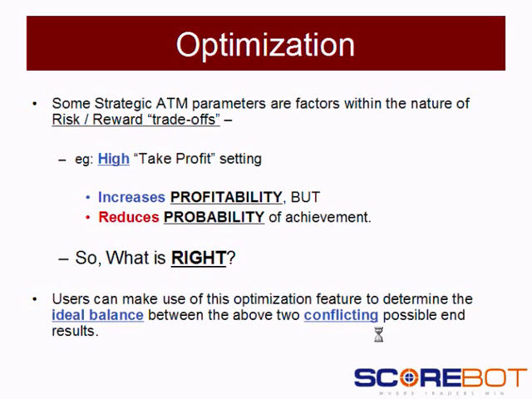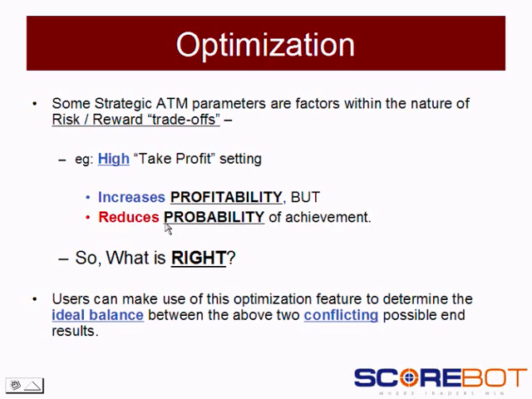If you are now familiar with all the parameters in scoreboard ATM, you probably will take note that some of the factors are within the nature of risk-reward trade-offs. What do I mean by trade-off? For example, if you want to have a very high profit-taking setting, by having a high profit-taking setting, it will increase your profitability.